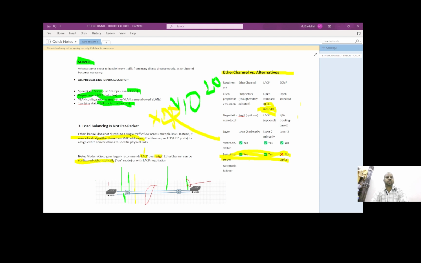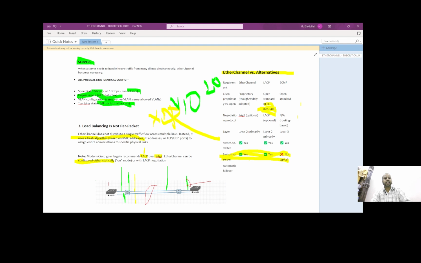Load balancing is not per packet. EtherChannel does not distribute a single traffic flow across multiple links. It will not distribute a single traffic flow to the multiple links. Instead, it uses a hash algorithm. It uses the hash algorithm, which means it uses XOR.